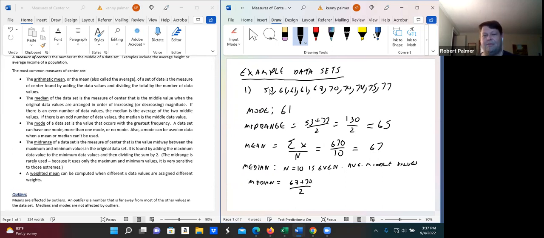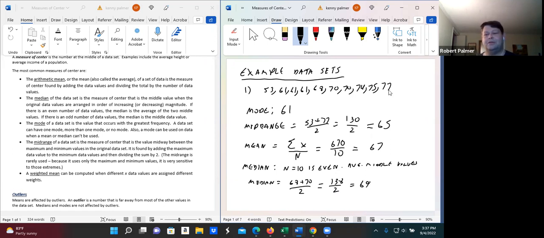Because once again, we count up to 5. We have an even data set number. So the first 5 are in here, the second 5 start here. So our median is going to be halfway in between these 2. So 68 plus 70, you can check this on your own, divided by 2. That's 138, and that is going to be 69.